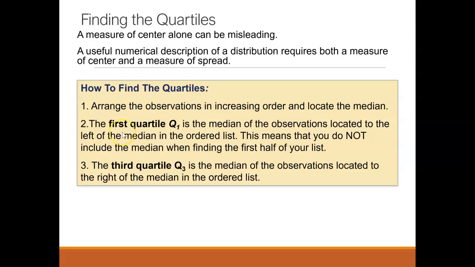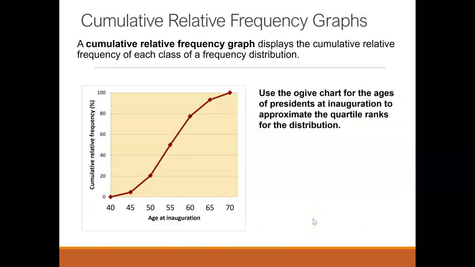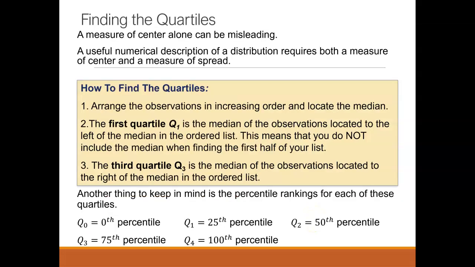The third quartile is the median of the observations located to the right of the median, not including the median. And then we say that Q0 is the 0th percentile, Q1 is the 25th, Q2 is the 50th, Q3 is the 75th, and Q4 is the 100th percent.